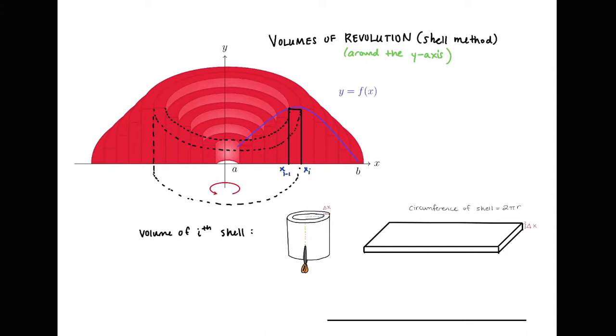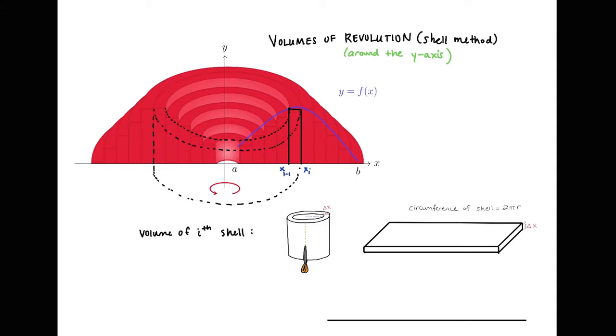Well, if we took scissors and cut along this perforation here and unrolled our shell, now we have this super simple to find rectangular prism. And remember, to find the volume of one of these boxes, you do length times width times height. So super easy, right? And we already know one of the dimensions is going to be the thickness, which is delta x.